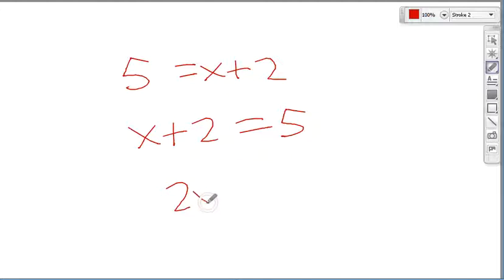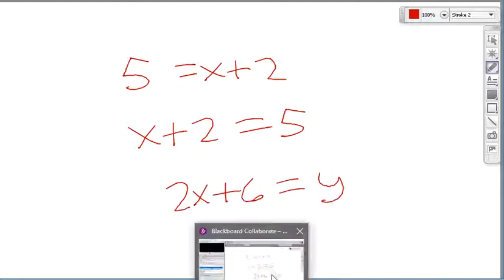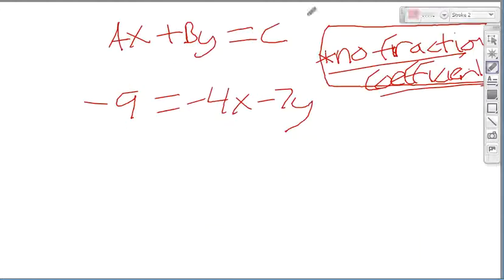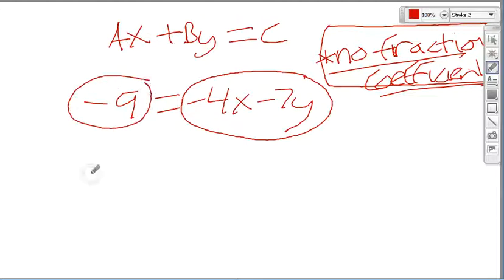Or if I have the equation 2x plus 6 equals y, I could rewrite this as y equals 2x plus 6. So as we are looking at question number 2, if we want to move things around so that this equation is in standard form, we can just rewrite this equation. So this is on the left side and this is on the right side.